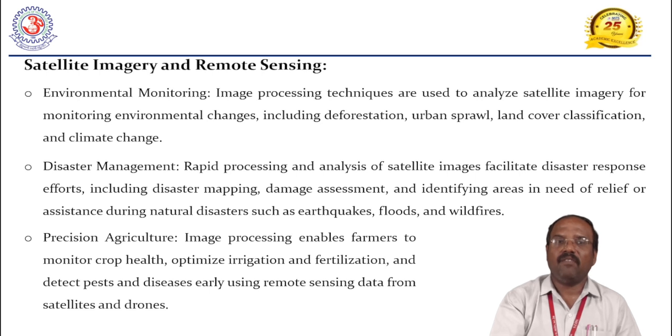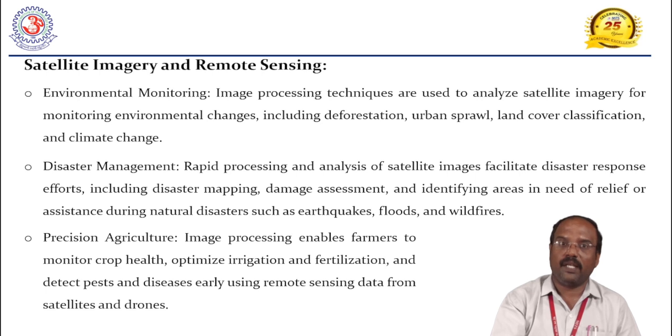After that we are going for precision agriculture. Here, image processing enables the farmer to monitor crop health. With the help of a convolutional neural network, we can do crop health prediction.